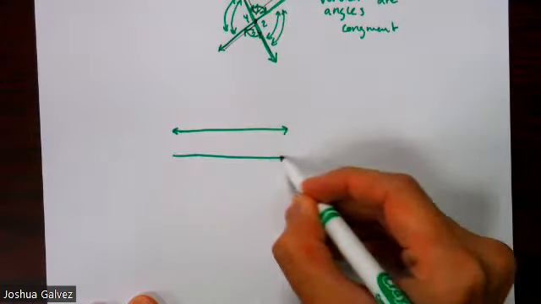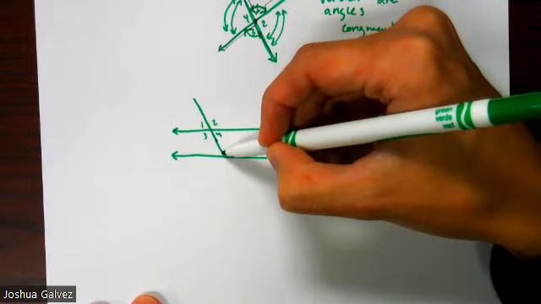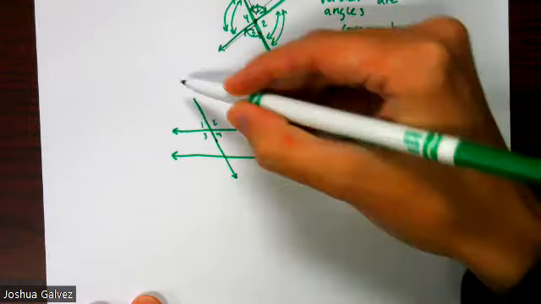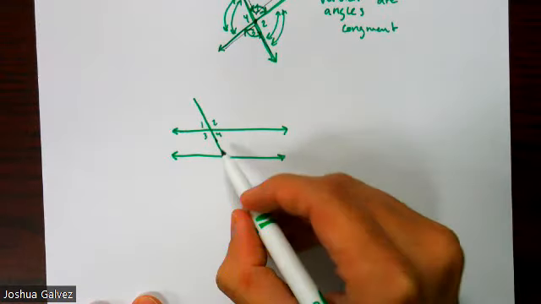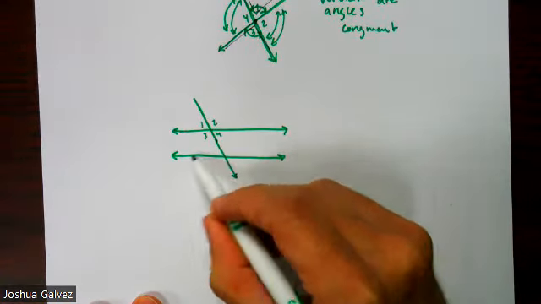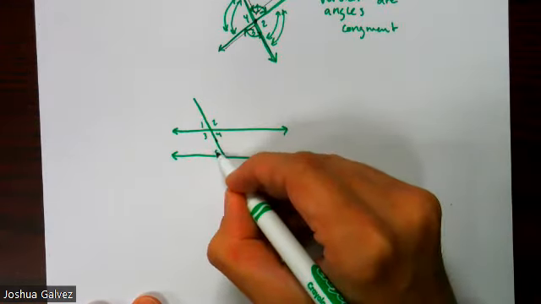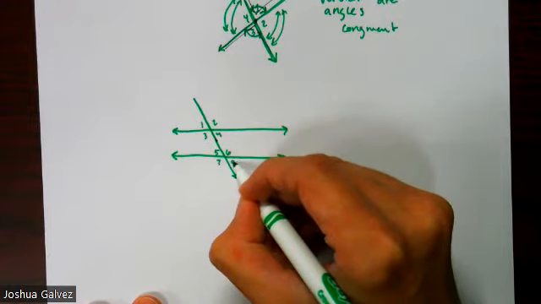And if we keep going in a straight line, just extending it out, it's going to make four more angles when it intersects the second parallel line, which we can number 5, 6, 7, 8.